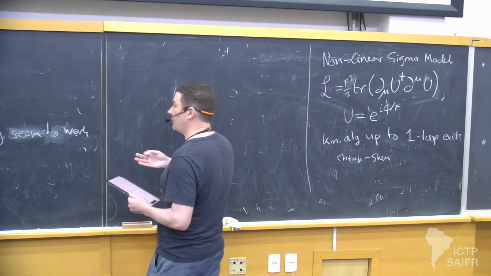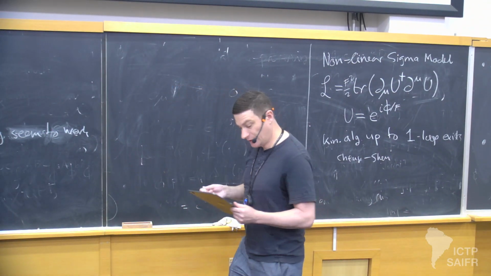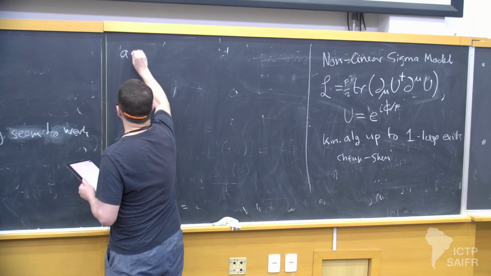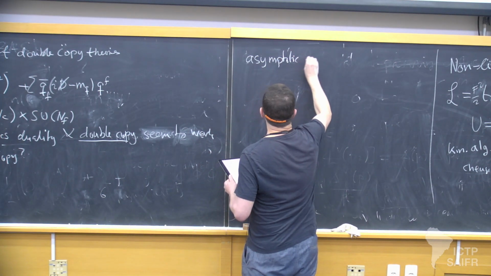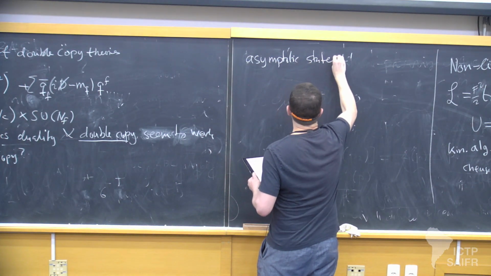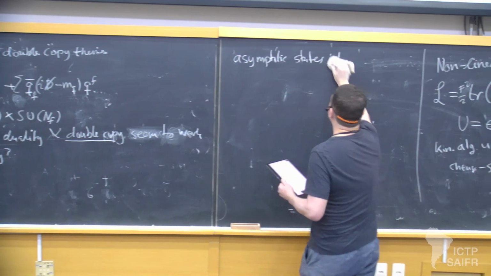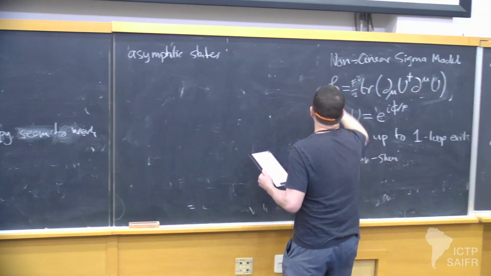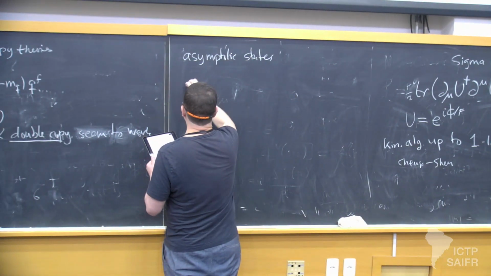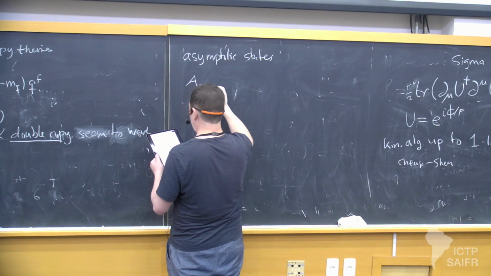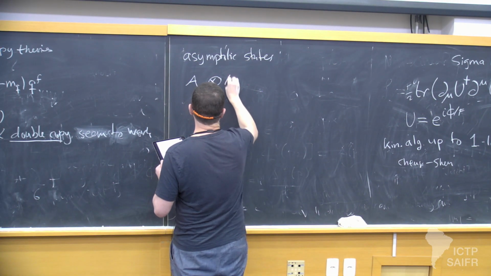Okay, so again, we can just analyze it at the level of asymptotic states. So first of all, begin with the usual one, which is just a vector times vector.